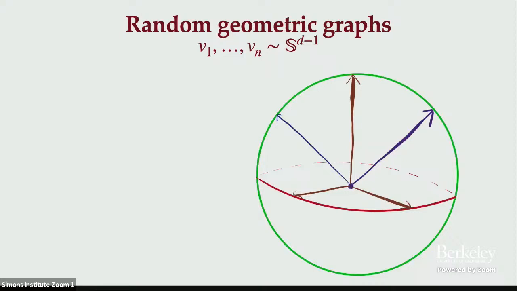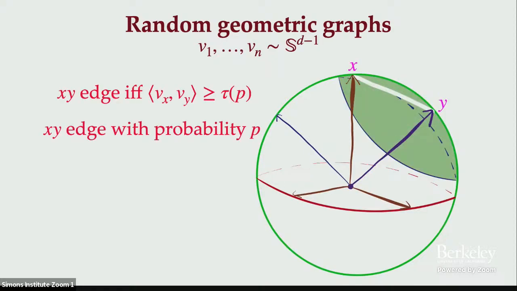We sample endpoints on this unit sphere, and then the edges of the graph are sampled by connecting two points x and y if and only if their inner product is greater than some threshold tau. And tau of p is selected so that the marginal probability that an edge exists in this graph is exactly p.